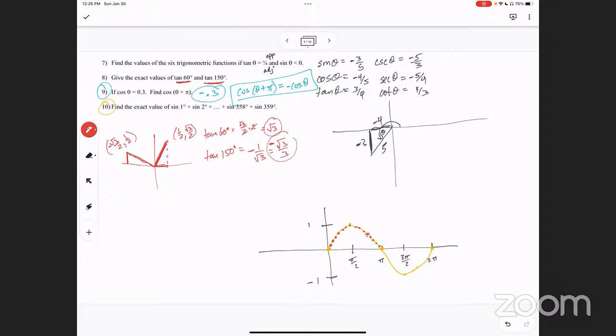Up to that point there's 180 of those, and then we're taking another 180 points between 181 and 359, and every one of the points here is going to cancel out one of the points here. So this just is going to equal 0.